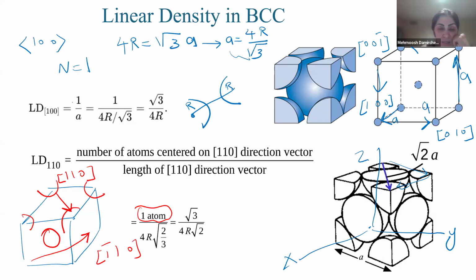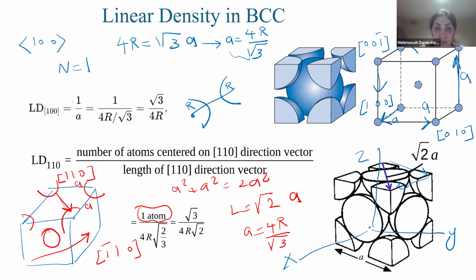If you consider this, it is a triangle with sides a and a. What is this side of that? It should be a squared plus a squared, 2a squared, and the length of that is root 2 a, okay? So 1 atom per root 2 a, and we know that a is 4r per root 3.